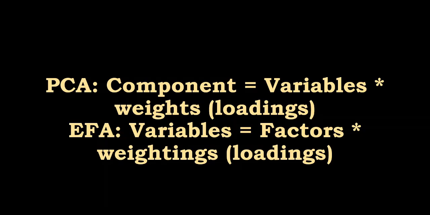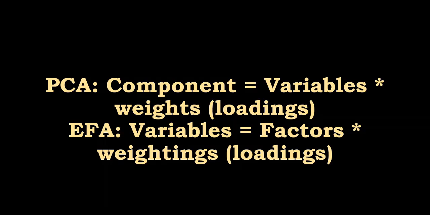So in exploratory factor analysis, what we are trying to predict is the values of the variables rather than the values of the components. We give weightings to the factors, which are equivalent to the components in principal component analysis. So we give weightings to the factors rather than to the variables.